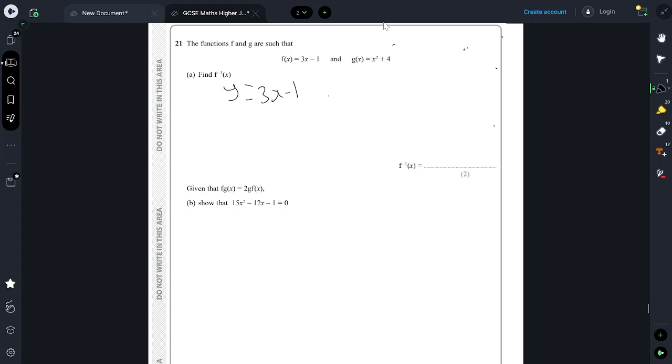With a function question where we want to find the inverse, it's a very good idea to set y to be f of x, the function. So now we rearrange the equation for x in terms of y. So y plus 1 is 3x. Therefore, x is y plus 1 over 3.